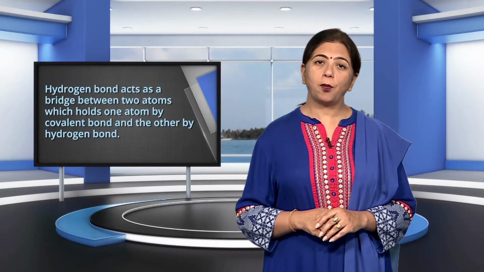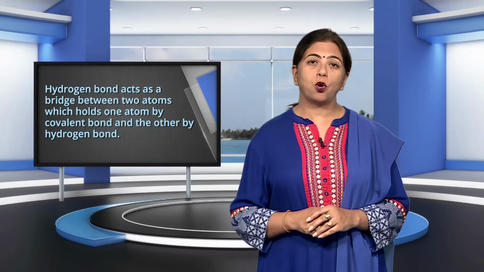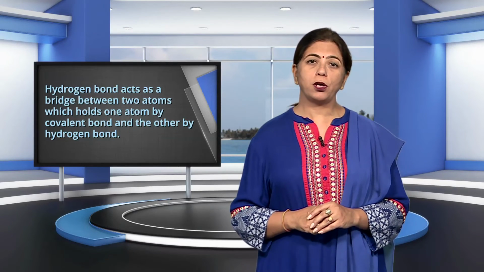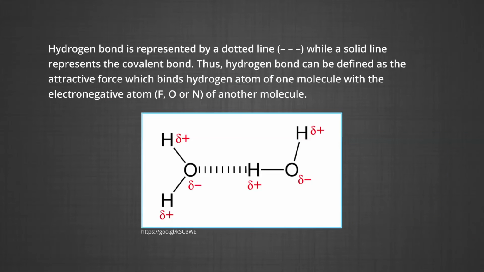Here, the hydrogen bond acts as a bridge between the two atoms, which holds one atom by the covalent bond and the other by the hydrogen bond. The hydrogen bond is represented by a dotted line, while a solid line represents the covalent bond. Thus, a hydrogen bond can be defined as the attractive force which binds the hydrogen atom of one molecule with the electronegative atom, fluorine, oxygen or nitrogen, of another molecule.